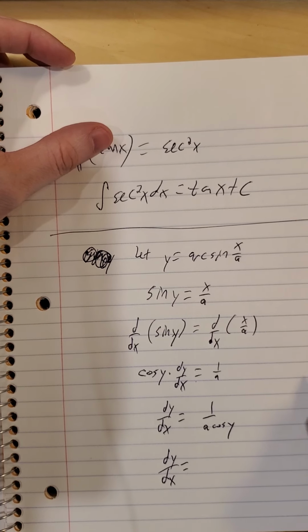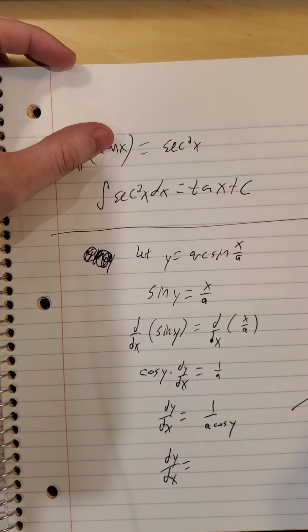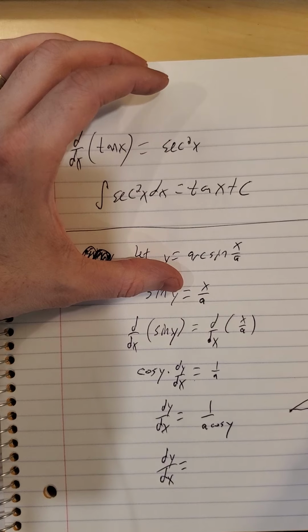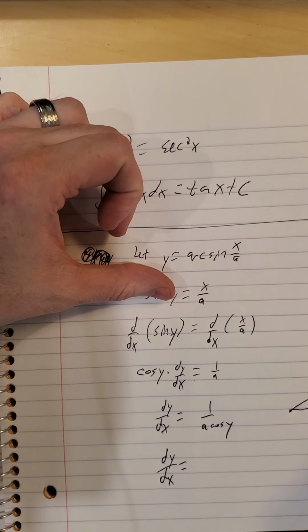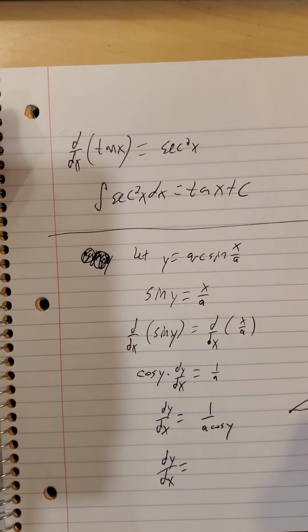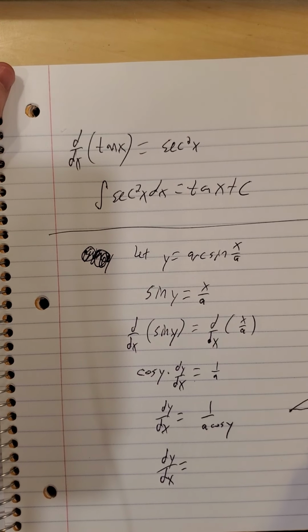Here's where we can have a little drawing help us out. The angle in question was y. Sine of y, remember, is opposite over hypotenuse, so x over a, which makes this other side, by the Pythagorean theorem, square root of a squared minus x squared. Leg squared plus leg squared is hypotenuse squared.